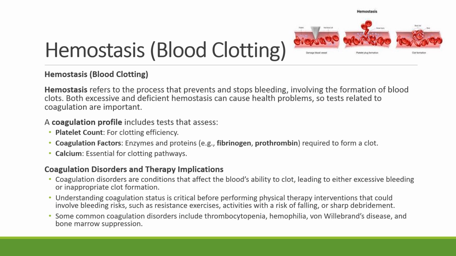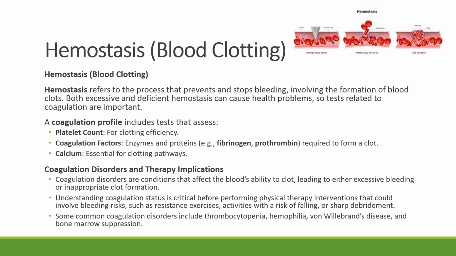Deficient hemostasis can lead to conditions like hemophilia, where blood doesn't clot properly, leading to excessive bleeding. Excessive hemostasis can result in thrombosis, or clot formation inappropriately, leading to conditions like deep vein thrombosis or DVT, pulmonary embolism, or stroke.